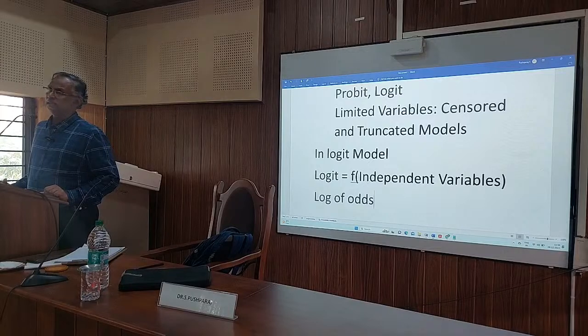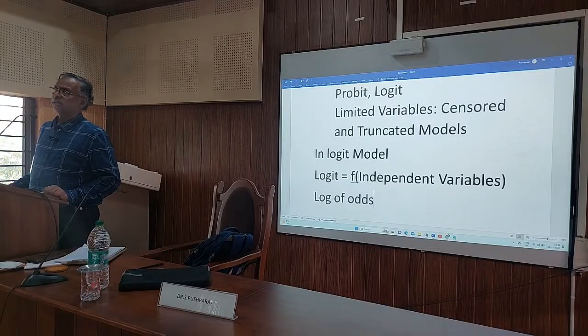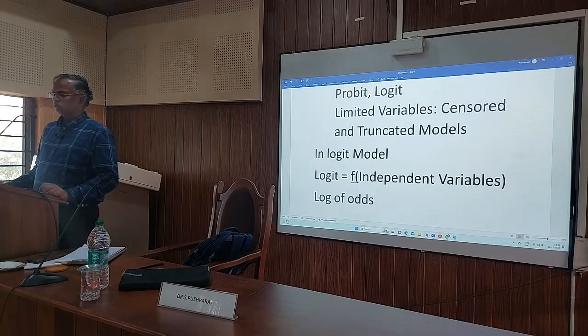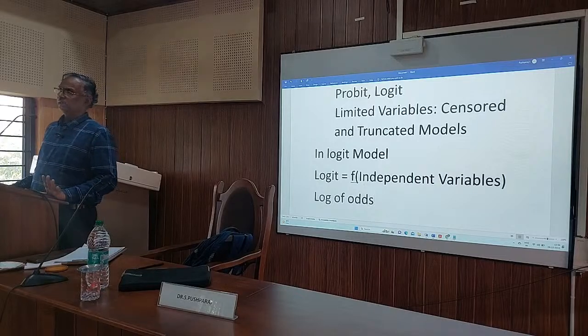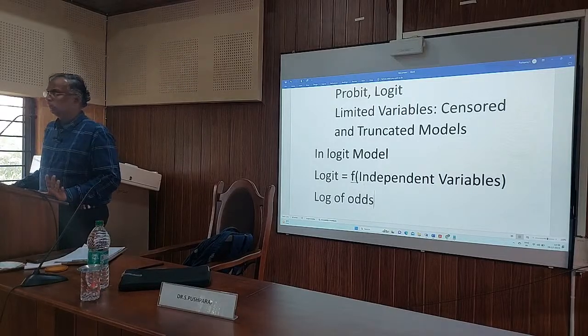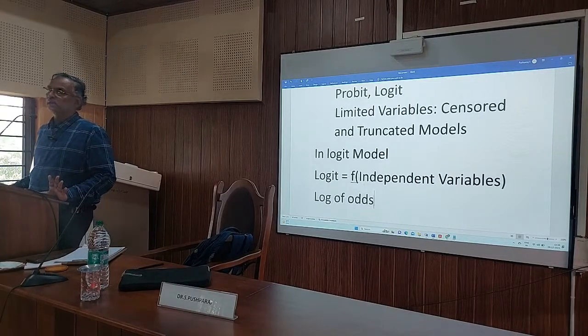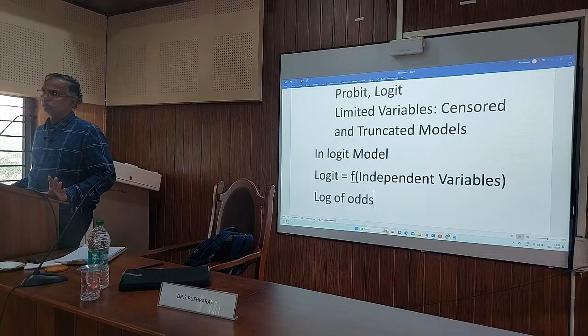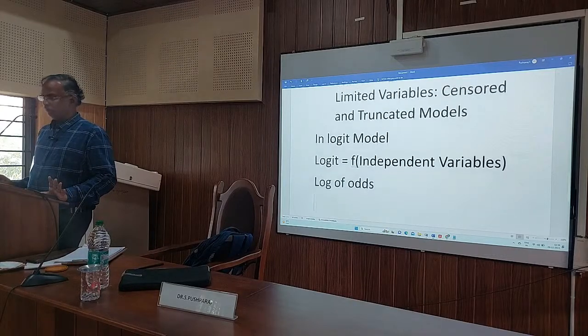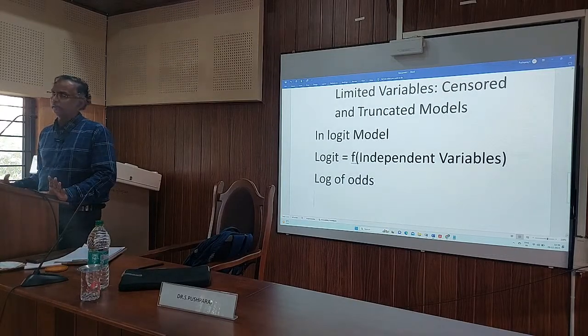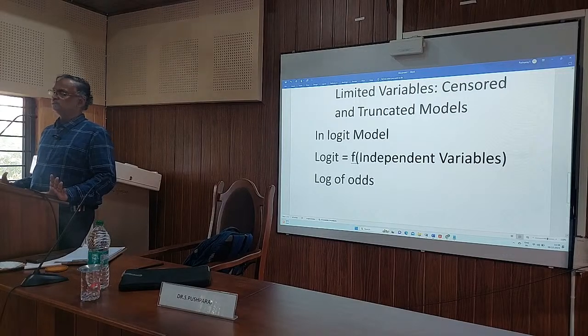Against that, the independent variables are regressed, right? So this is the regression model. This is not an OLS model. This is a maximum likelihood estimator model, right? So an MLE model.